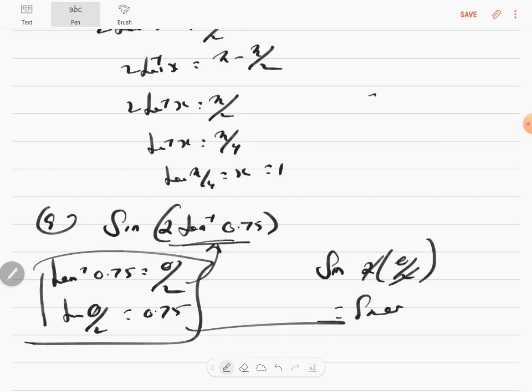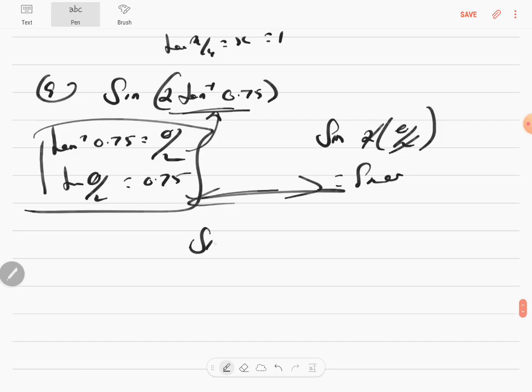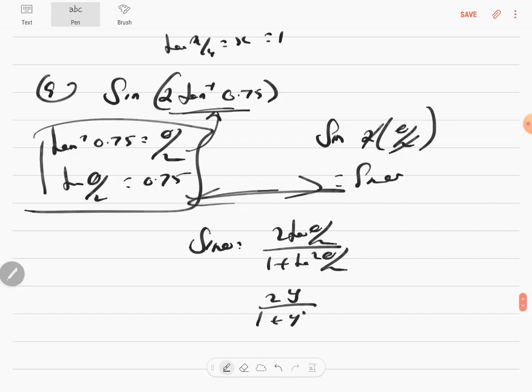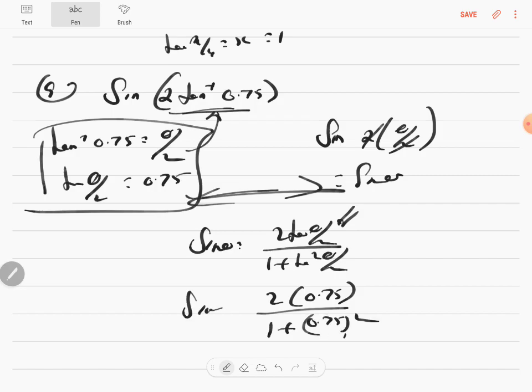You need to interrelate these two. Sine theta is 2 tan theta by 2 by 1 plus tan square theta by 2, and this is like 2y by 1 plus y square, where y is tan theta by 2, whose value is 0.75. 2 into 0.75 by 1 plus 0.75 the whole square will give you sine theta. You just have to solve this.